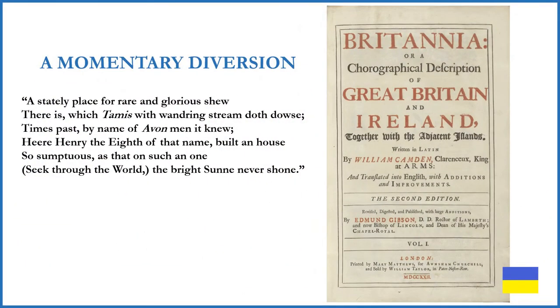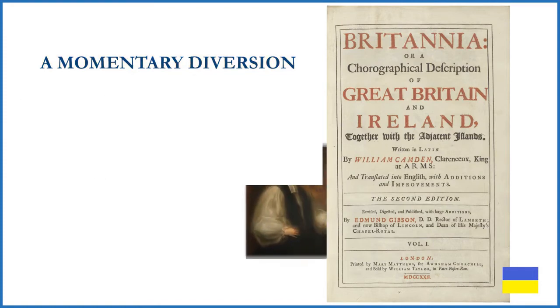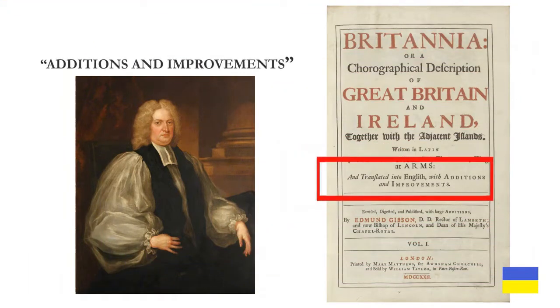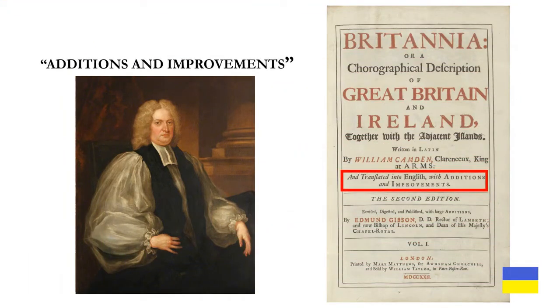Now I'm going to present a momentary diversion. This is the title page to the second English translation of Britannia, as it was done by this man, Edmund Gibson. Note that he says he made additions and improvements.